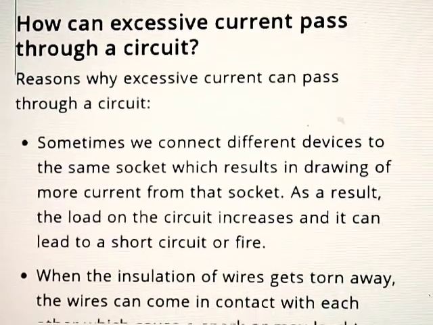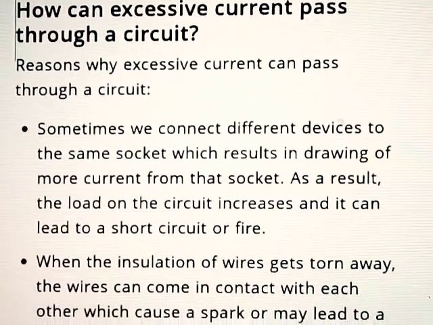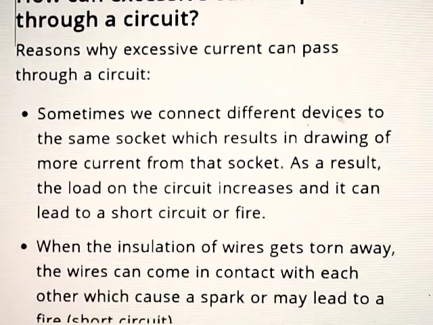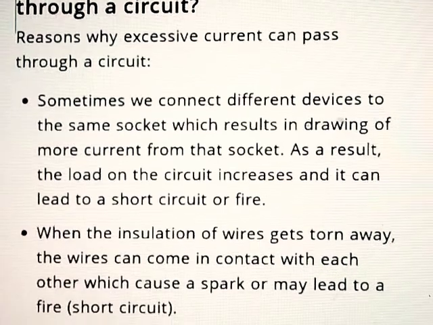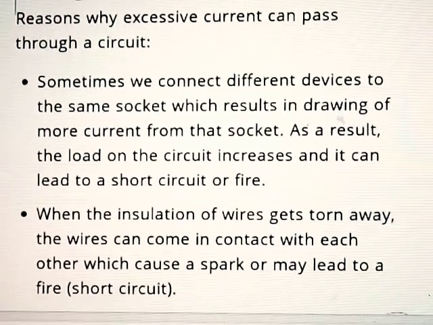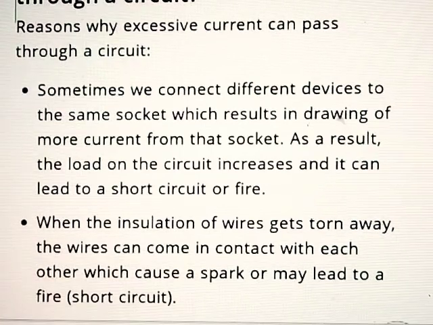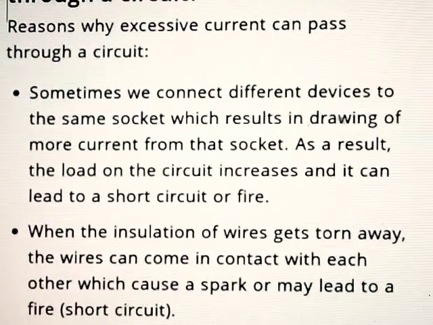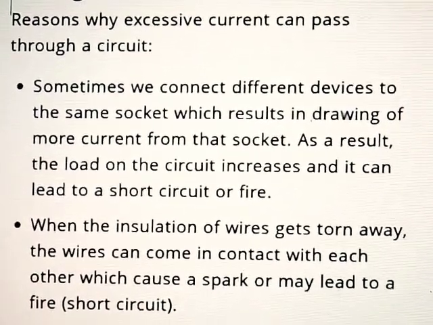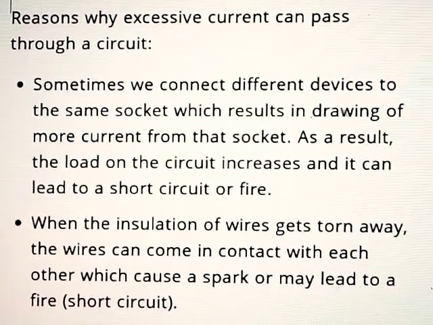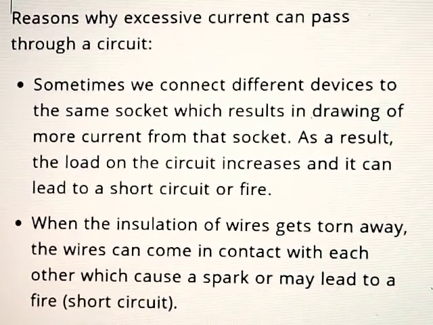How can excessive current pass through a circuit? Reasons why excessive current can pass through a circuit. Sometimes we connect different devices to the same socket, which results in drawing off more current from that socket.